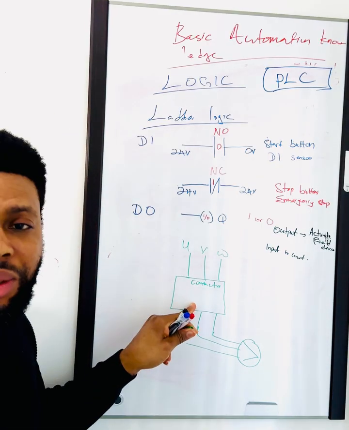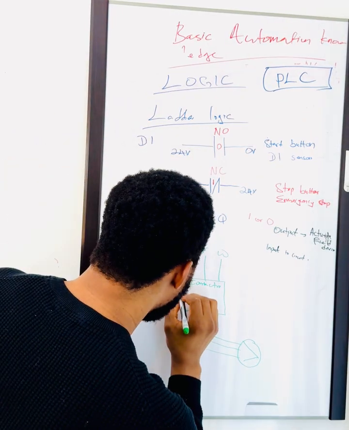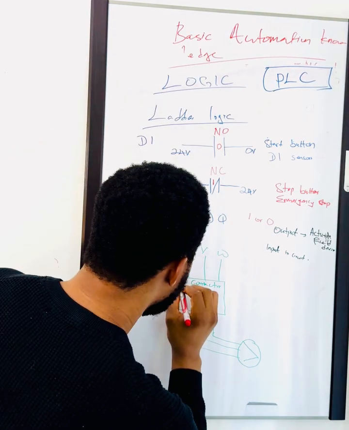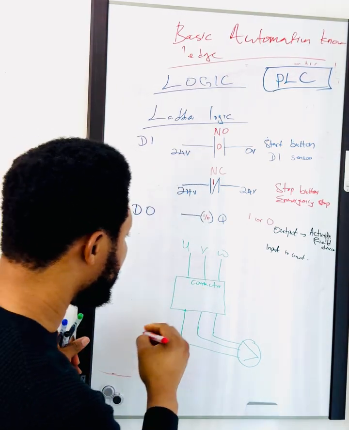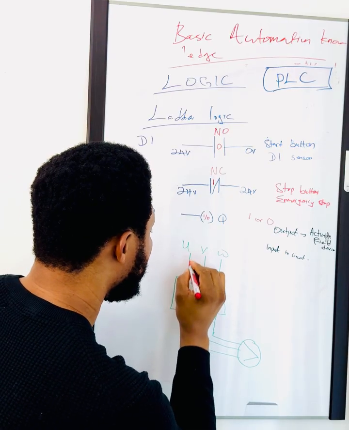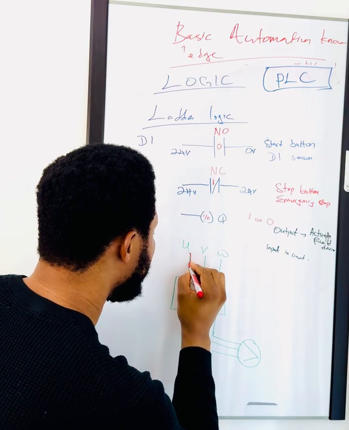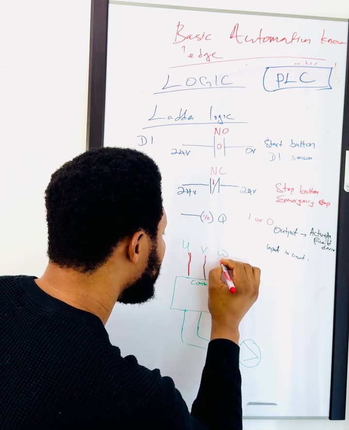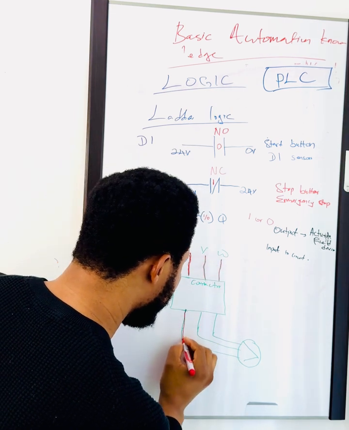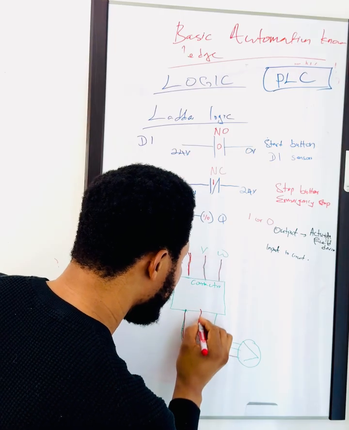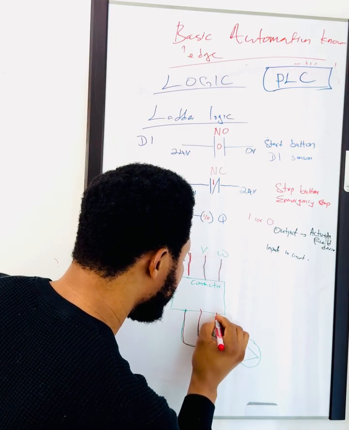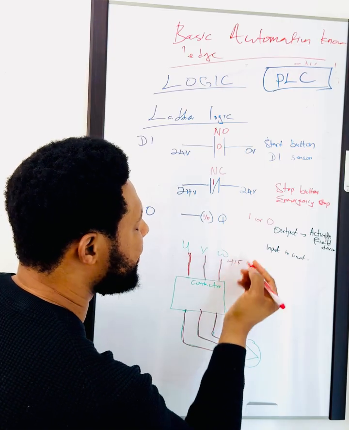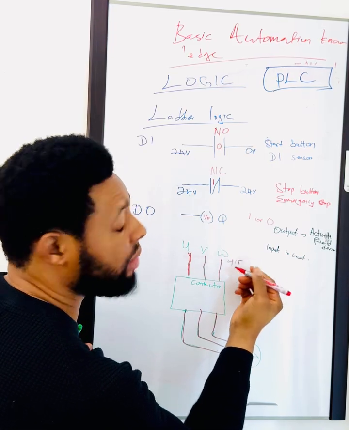Inside this contactor, there's a coil. Okay, I'm going to use this red. I'm using red because it's your high voltage, right? I don't want you to miss it. So this could be 415, or if it is single, yeah, 415.